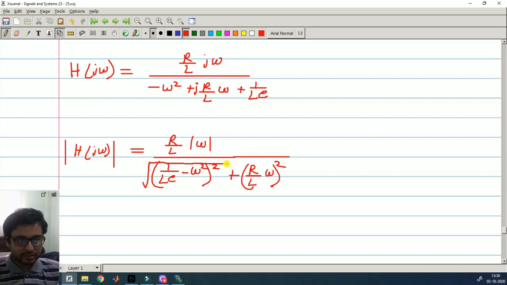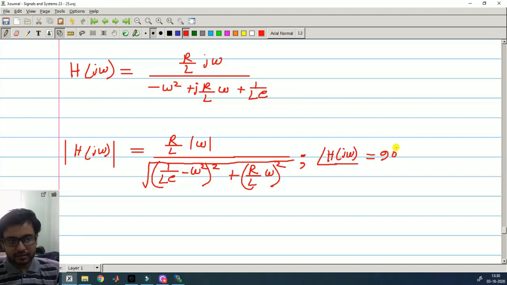And the angle of H(j omega) will be the angle of the numerator, 90 degrees, minus the angle of the denominator, that is tan inverse of R omega by L, the imaginary part, divided by 1 by LC minus omega squared.